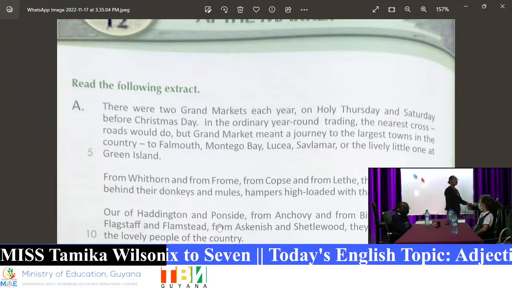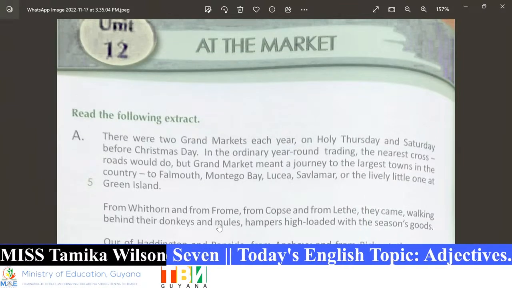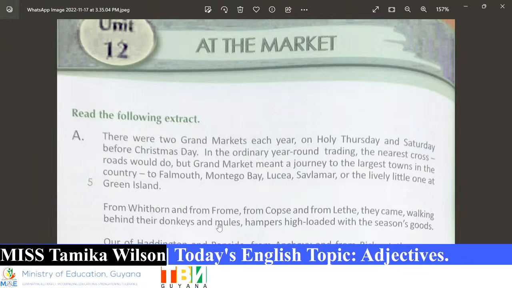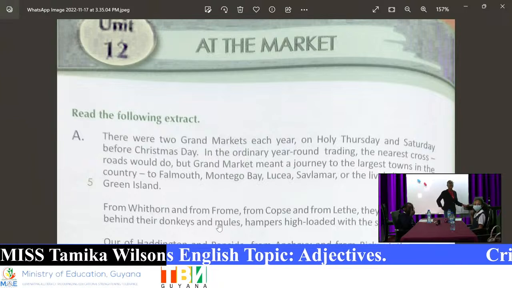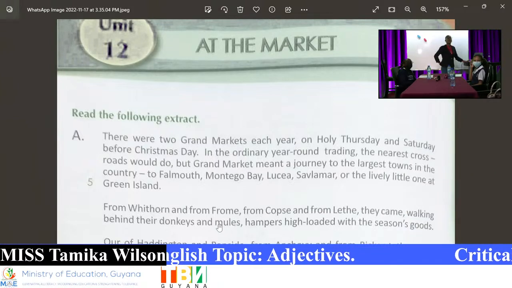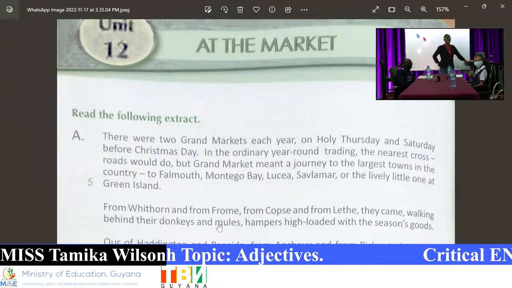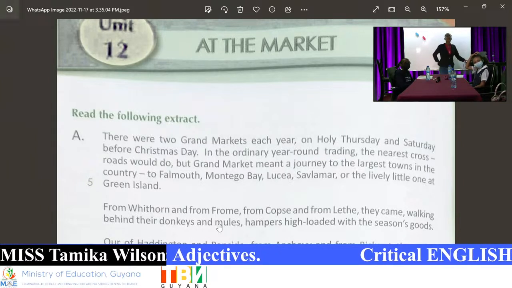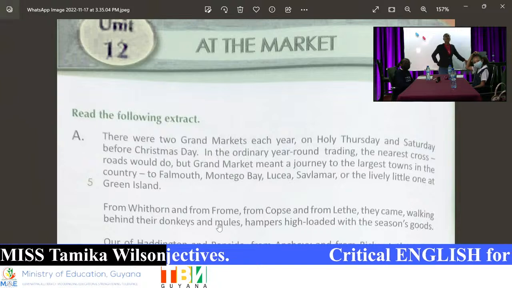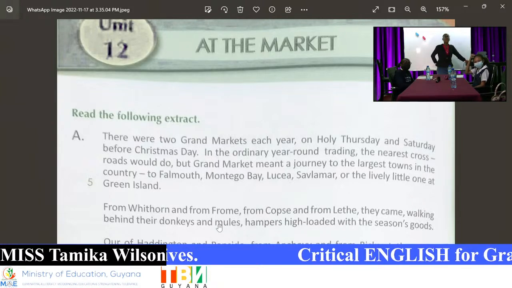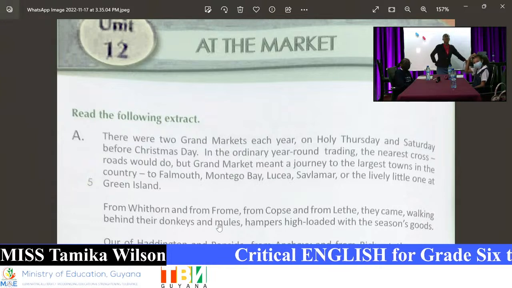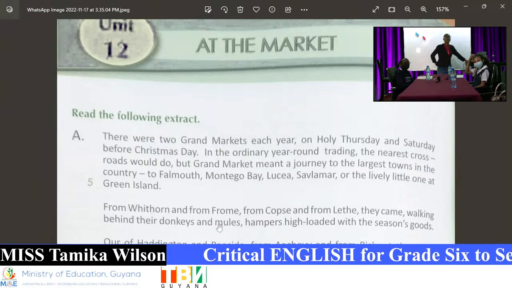So we are reading At the Market. There were two grand markets each year, on Holy Thursday and Saturday before Christmas Day. In the ordinary year-round trading, the near crossroads would do, but Grand Market meant a journey to the largest town in the country, to Falmouth, Montego Bay, Lucea, Savanna-la-Mar, or the lively little one at Green Island.